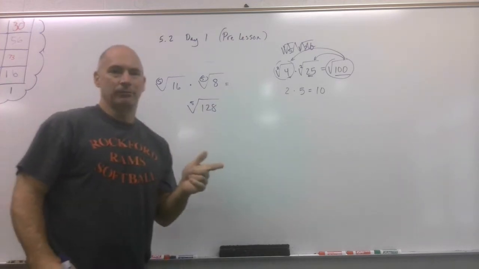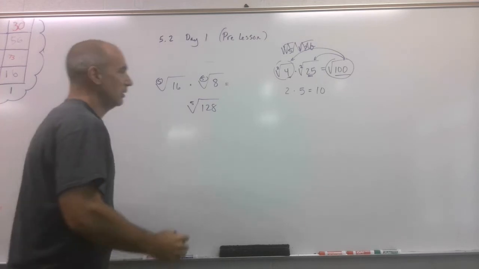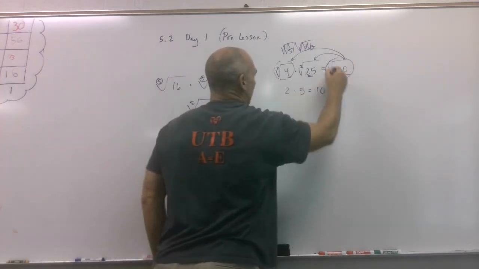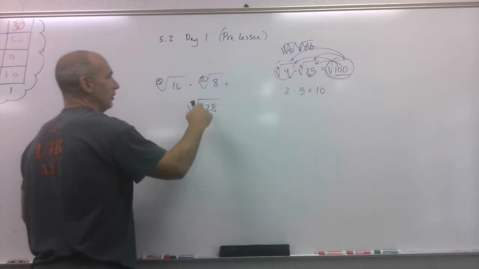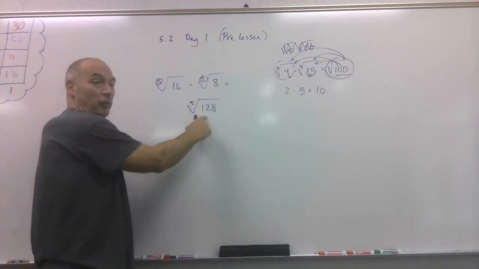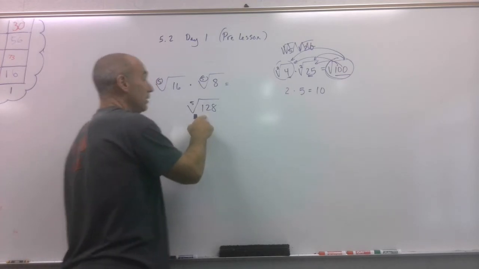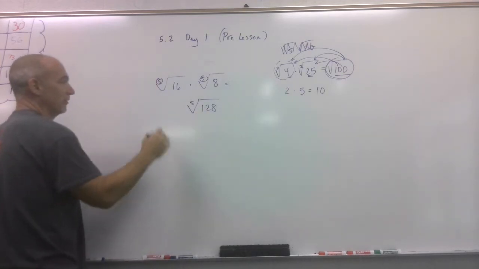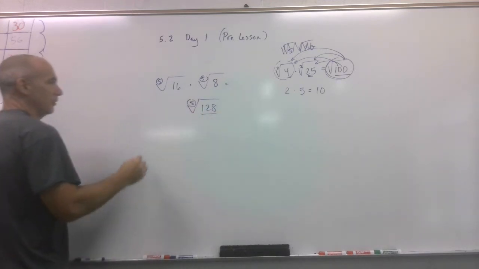And I'm done, right? No, that's why this stuff's going to get a little bit more tricky. So when I said you could take a square root and break it up into 2, they want your answer in simplest form. Now this is not simplest form. You did good by getting here. Now you got to go up the ladder and say, okay, the fifth root, is there a perfect fifth root of 128?